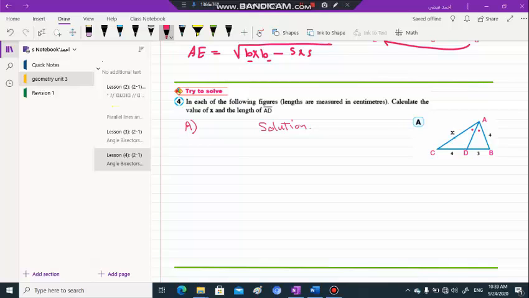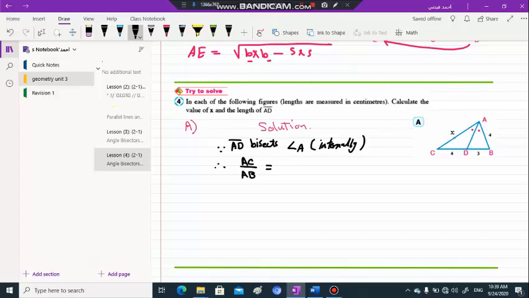So we say that AD bisects angle A internally, hence AC over AB.